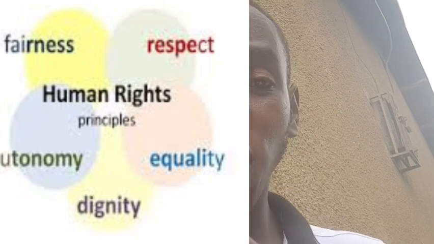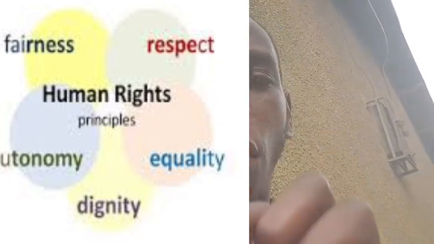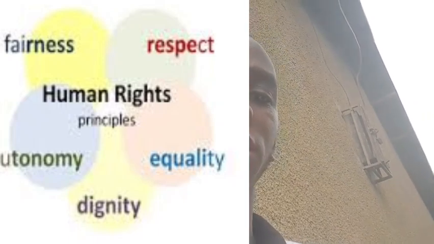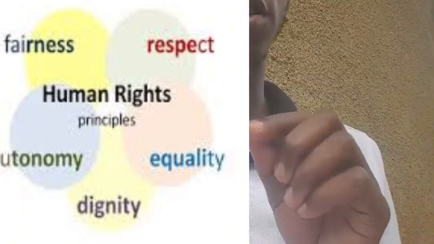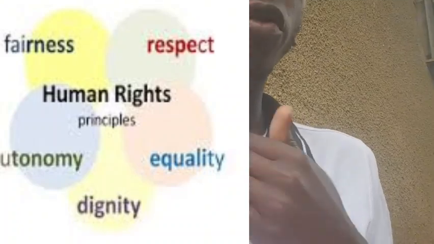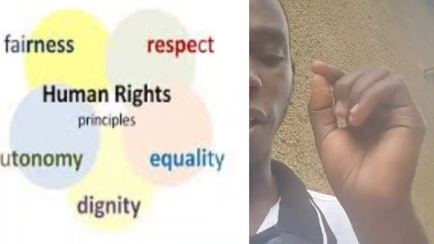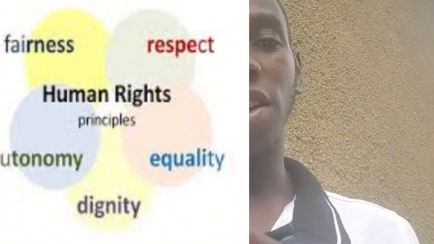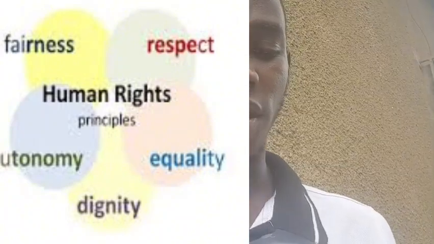That human rights are founded on respect for dignity and worth of each person. So, to recognize or to have respect for the dignity and worth for each and every person, that's why we need human rights.